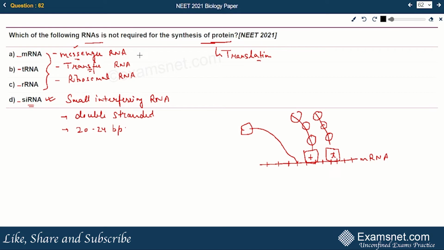It is a structural RNA and it forms ribosomes which are involved in the translation. We know ribosome has two subunits, one small subunit and a large subunit. So this is the ribosome. It is formed by ribosomal RNA. So I hope you understood this.